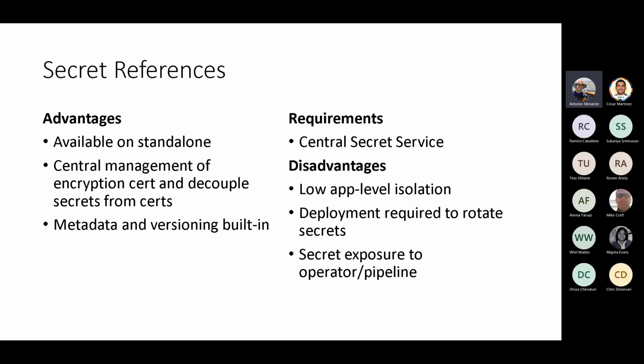You still need to deploy and update your applications to rotate secrets. And you still need to get those secrets into CSS, which means some operator or some service is provisioning those secrets into the cluster. Likewise, each app can declare any secrets that are in the store and get them when they deploy.